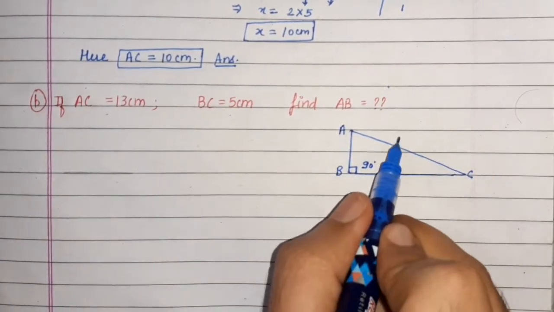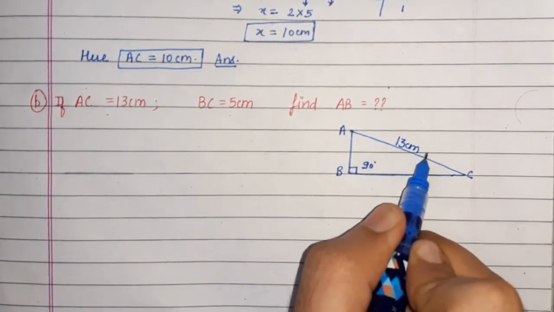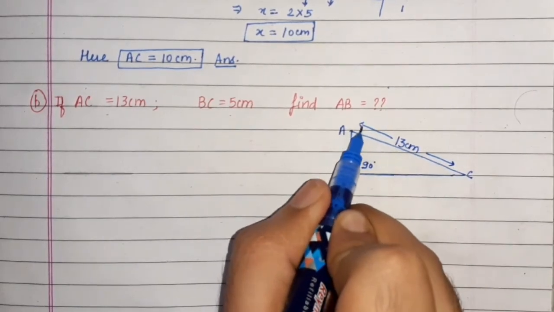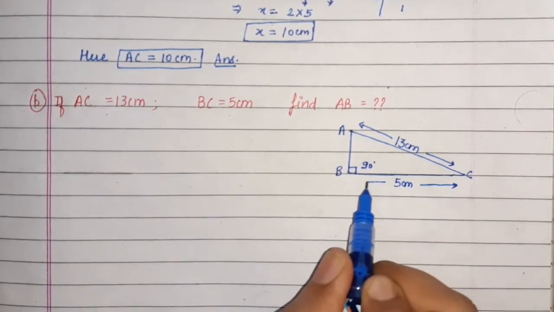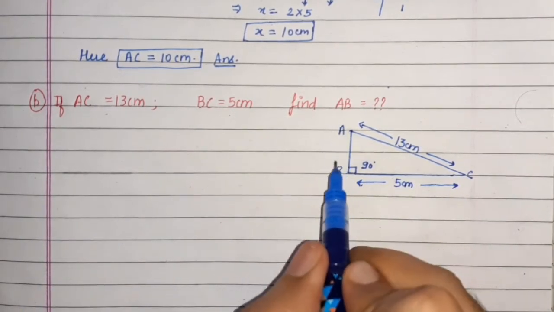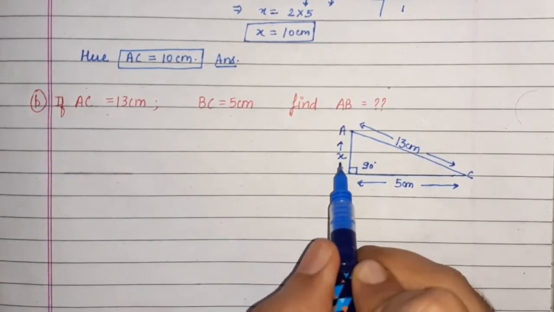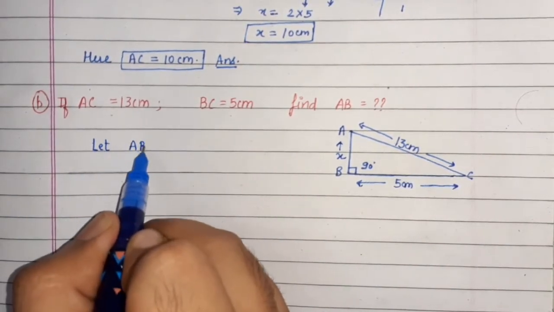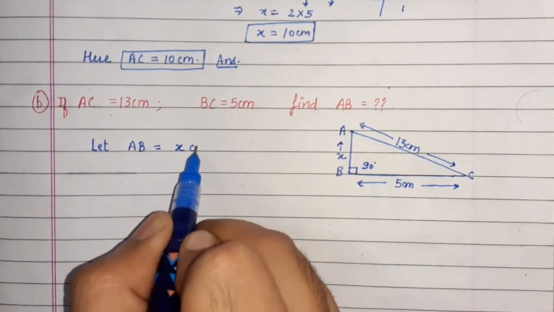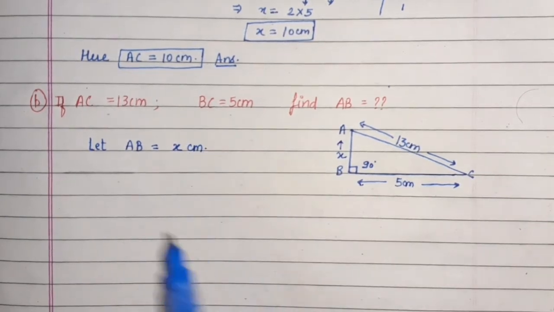AC, the greatest side, it is also given 13 centimeter. BC is given 5 centimeter. Let AB, so this is our X. Let AB is equals to X centimeter.